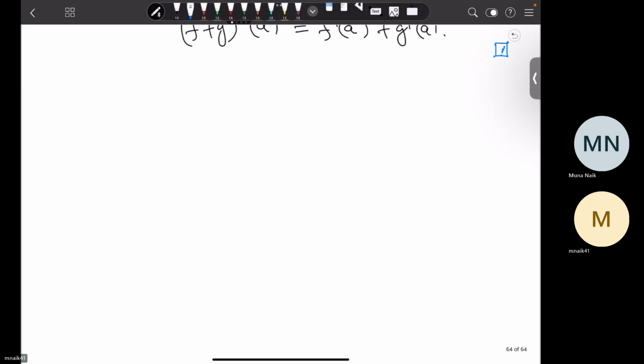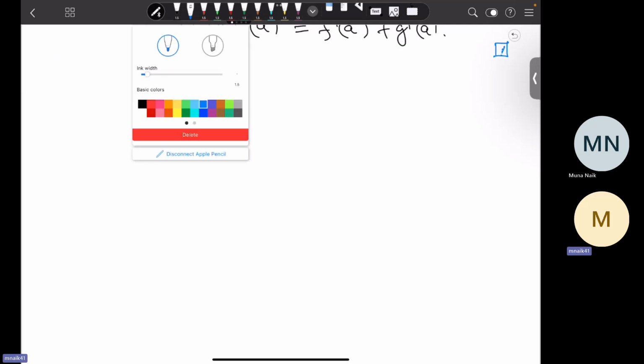Now I want to prove the composition rule, or chain rule.